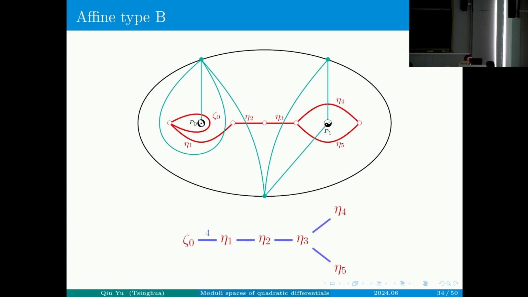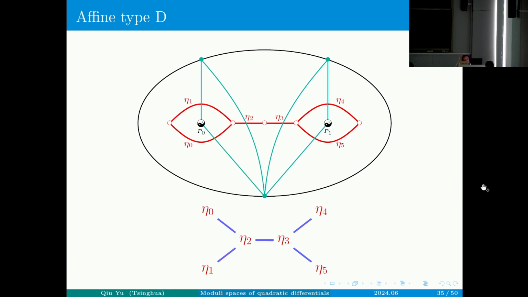Then we can mutate a little bit. If we allow this, we put this puncture and it becomes yin-yang, and we get this affine type B. And then if we mutate one more time, we get a fork, which corresponds to affine type D. So that's basically the idea.